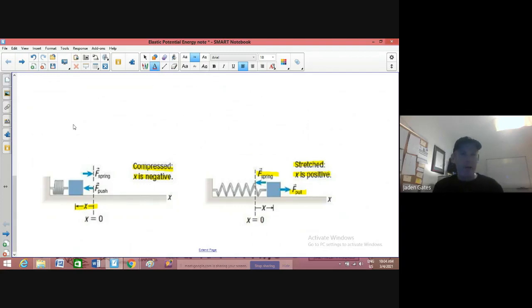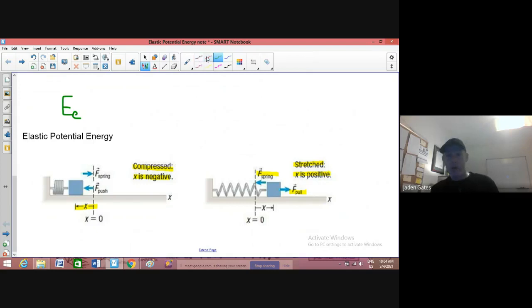Now, another thing we're going to look at is the elastic potential energy, because this unit is all about energy. Elastic potential energy is the energy stored in the spring, because when you compress it, it wants to stretch back out, and when you stretch it, it wants to compress backwards.